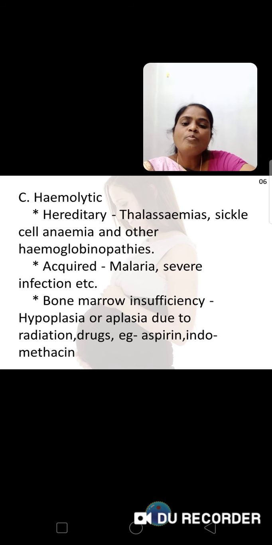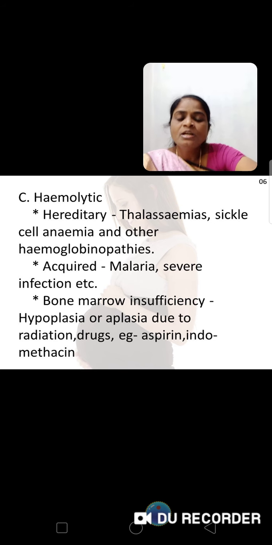And next is bone marrow insufficiency, hypoplasia. Hypoplasia is due to radiation and drugs, for example aspirin and indometacin. The bone marrow is the place of erythropoiesis, that means production of RBC, WBC, and everything occurs in the bone marrow only.